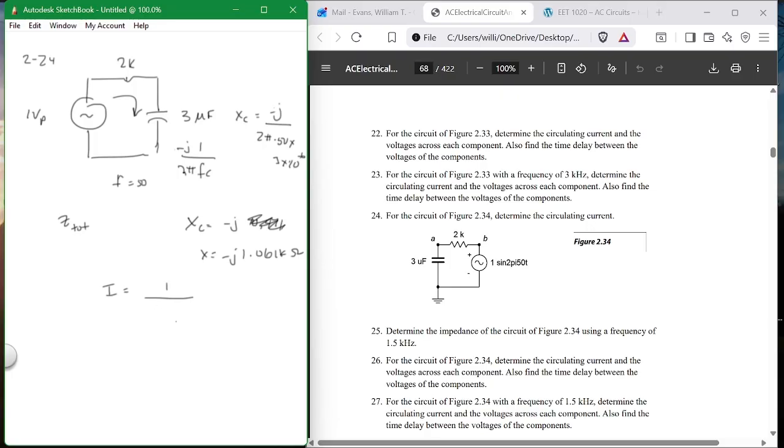What is Z total? It's equal to 2K minus j 1.061K, all right? Now you have to put this in the denominator, 2K minus j 1.061K. Equal what? In polar. What is it?